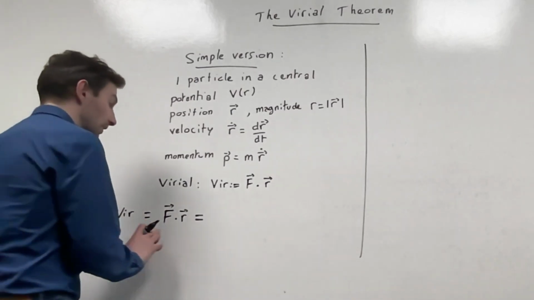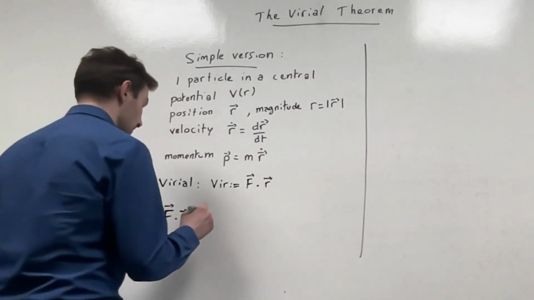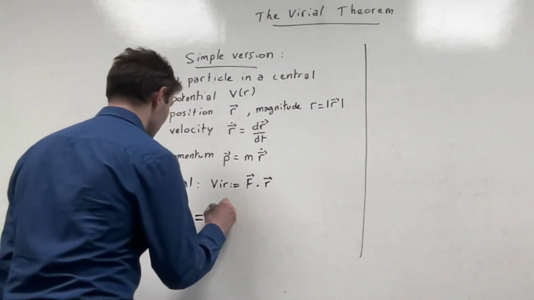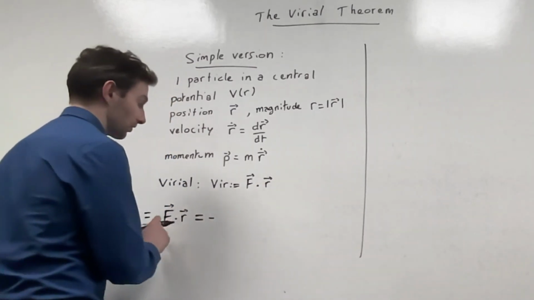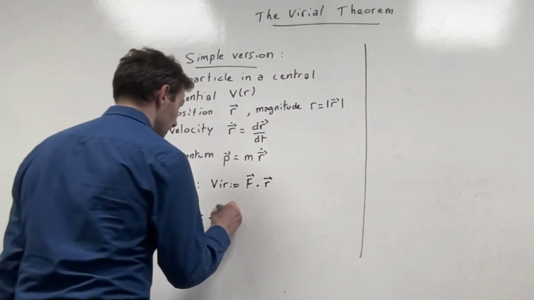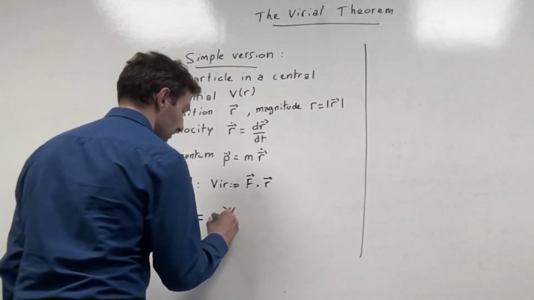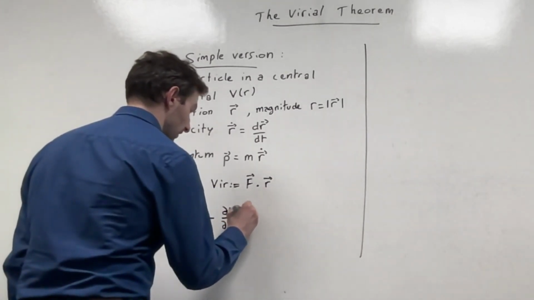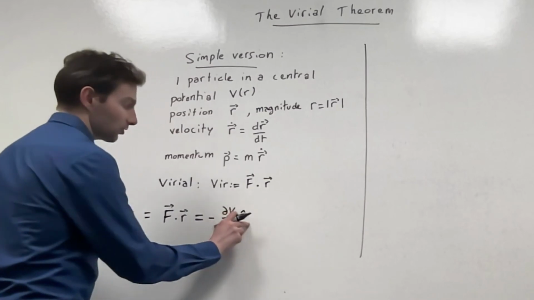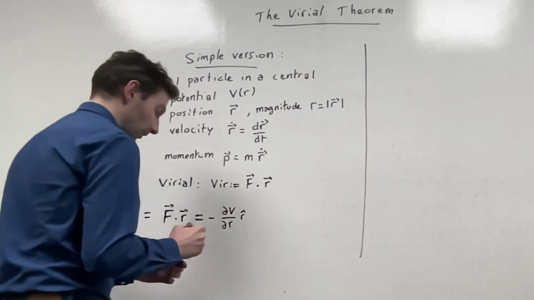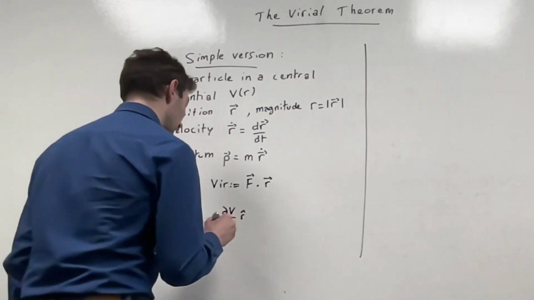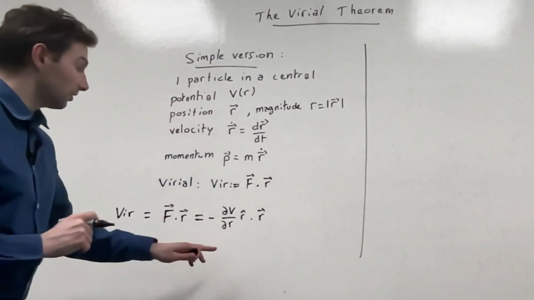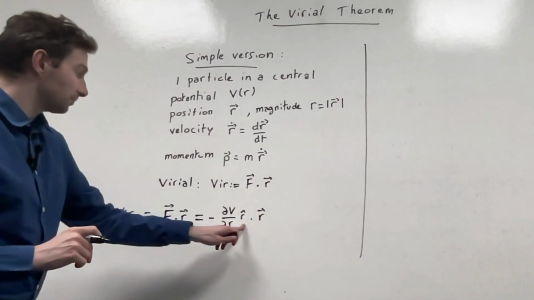So this is going to be equal to minus dV over dr, that's for the force in the radial direction, times the unit vector in the radial direction, and then dot r.